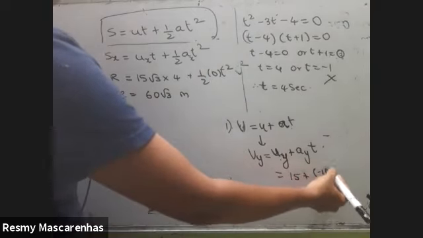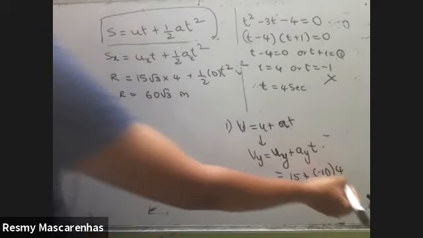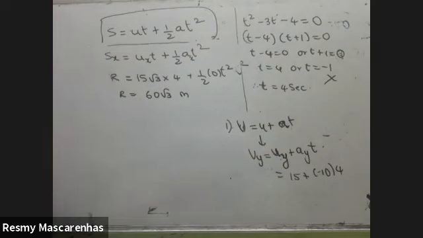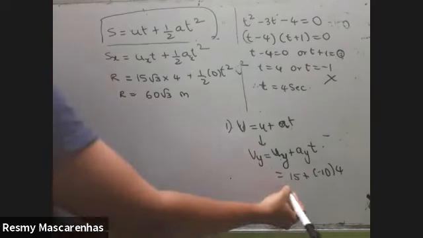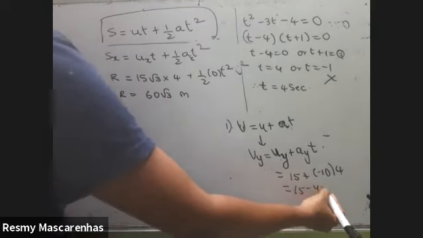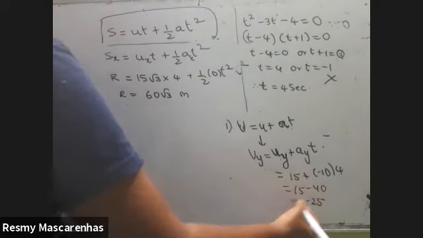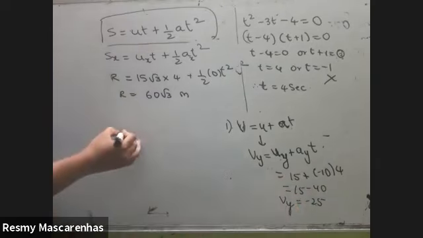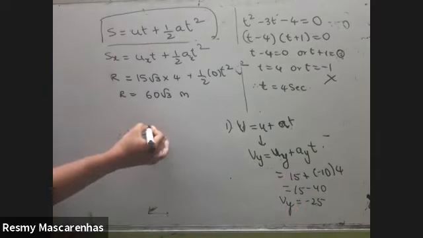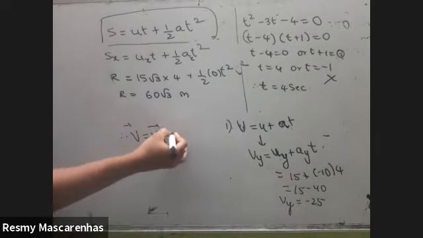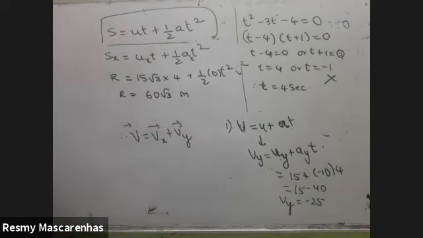Ay is minus 10 and time is 4. This is Vy. So therefore your entire velocity is always Vx plus Vy. Add both the components.